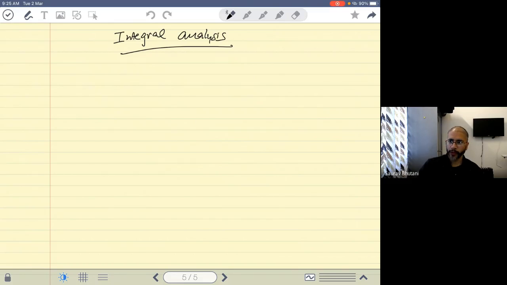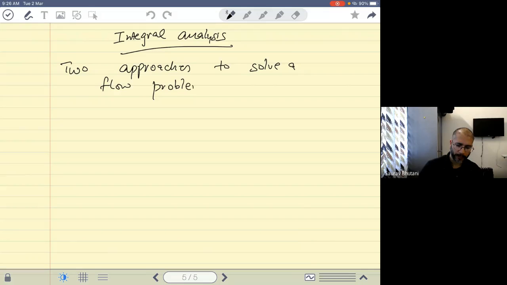There are usually two different approaches to solving a fluid flow problem, and these approaches are decided based on the requirement that you have from the problem.